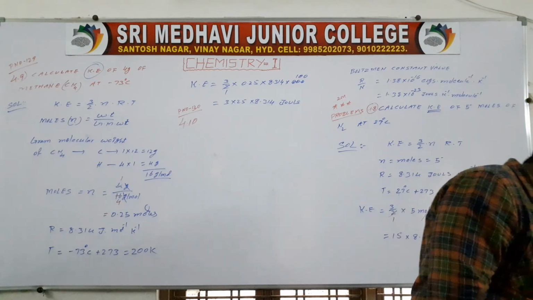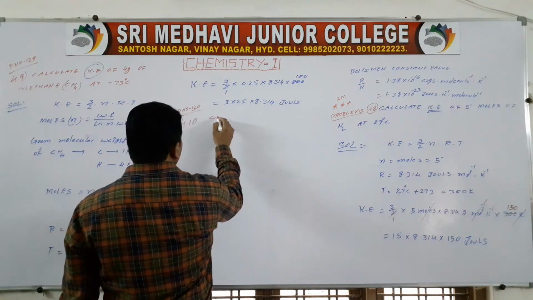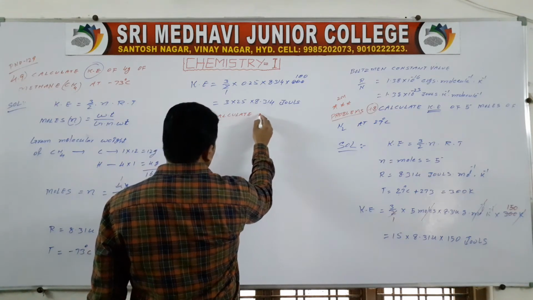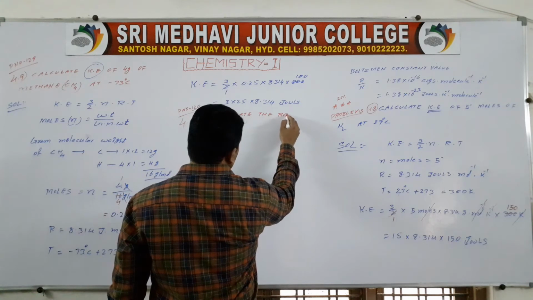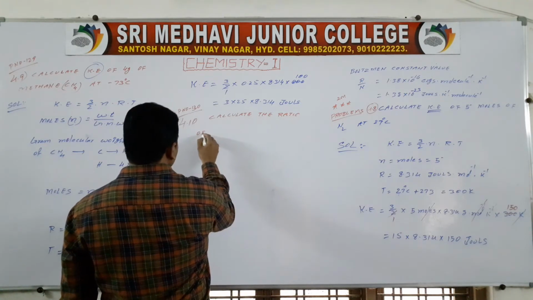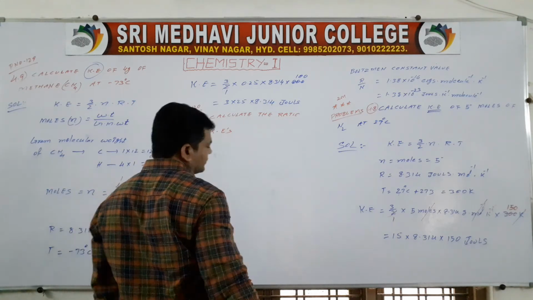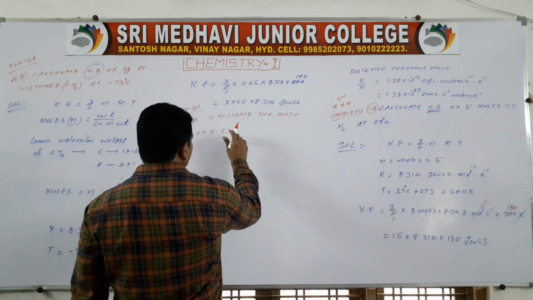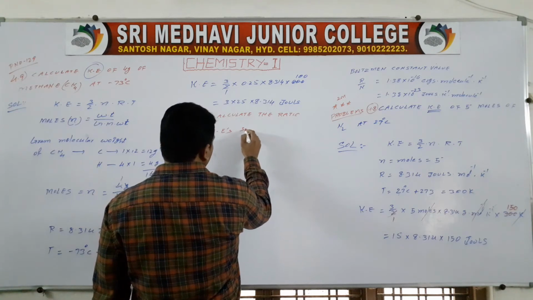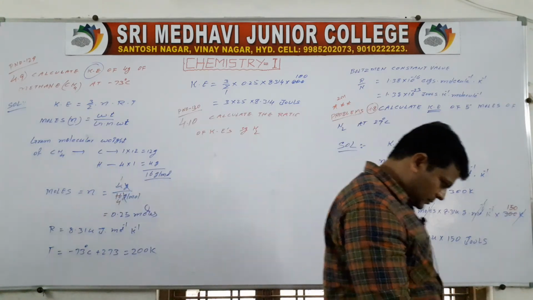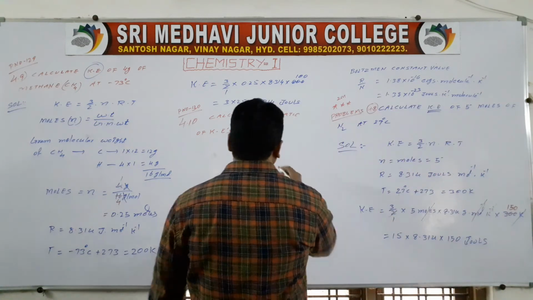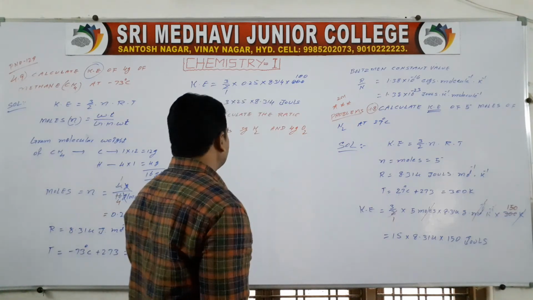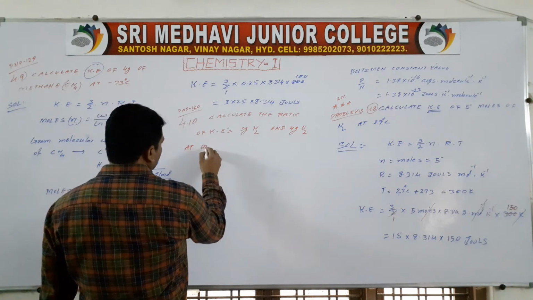Calculate the ratio of kinetic energies of 3 grams of hydrogen and 4 grams of oxygen at a given temperature.